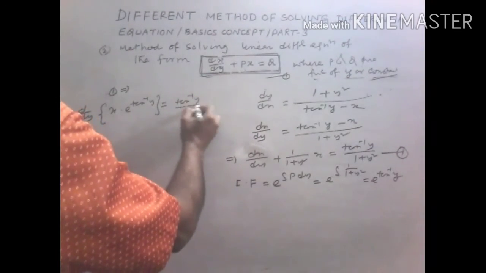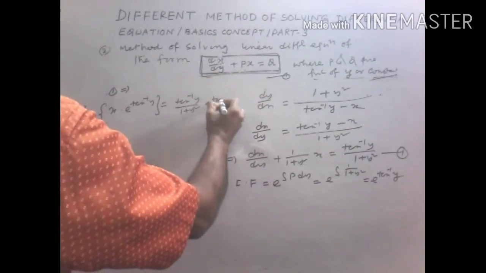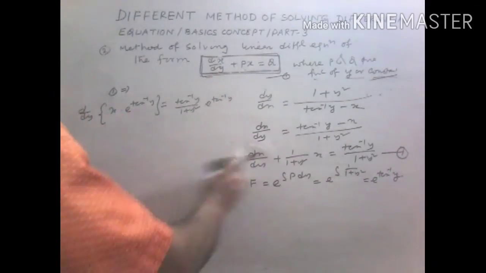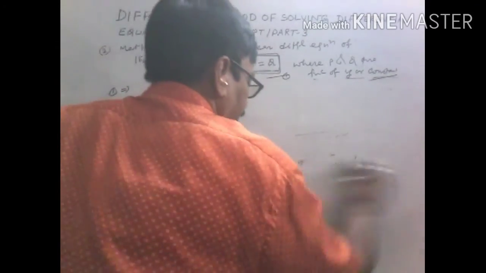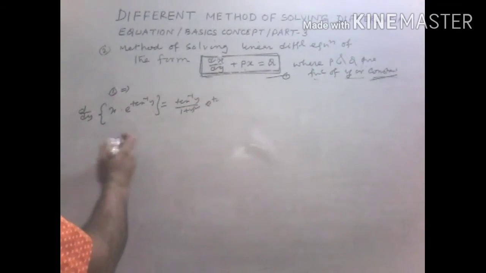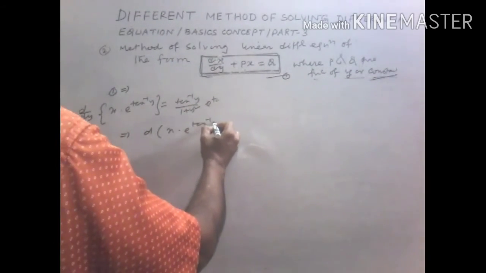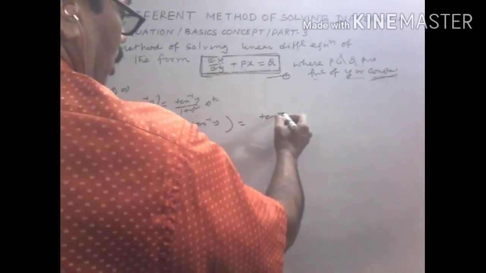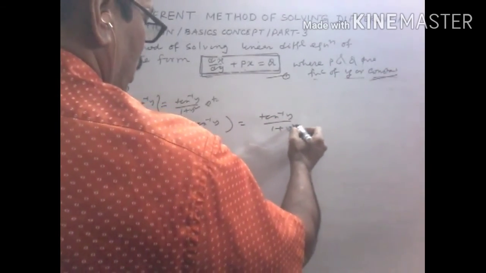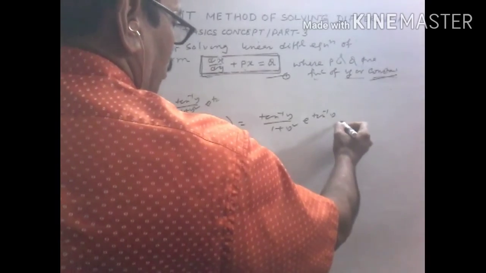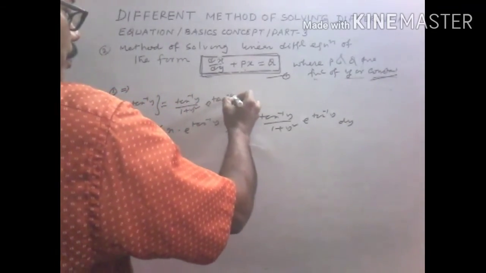The right hand side is tan inverse y by 1 plus y square, unchanged, times e to the power tan inverse y. So now it is separation of variables: tan inverse y by 1 plus y square, e to the power tan inverse y dy.